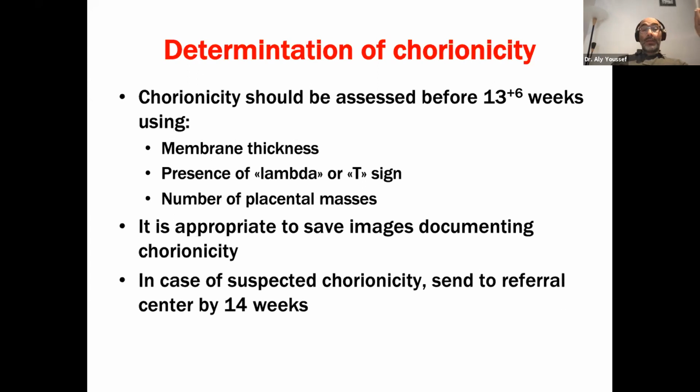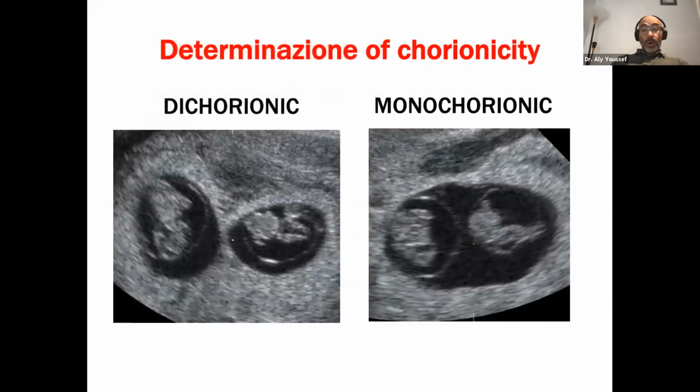And in case you are not sure of chorionicity before 14 weeks, you have to send the patient as soon as possible to a referral center, because this little piece of information can change the management and counseling considerably in pregnancy. And this is an example early in pregnancy, between 7 and 9 weeks, in which we can find an accurate diagnosis of dichorionicity.